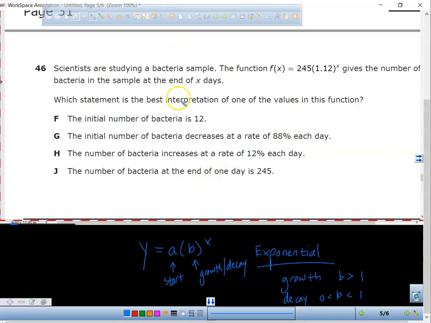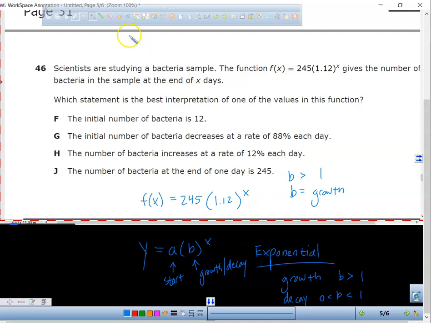So right now, what is our a value? If I had to rewrite our function, it gives us our a value, which is 245. Then they give us our b value, which is 1.12. So right now, what do we know about our b value? It's definitely a growth because b is greater than 1. Okay?